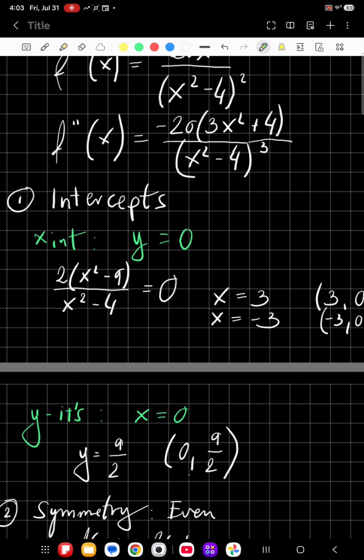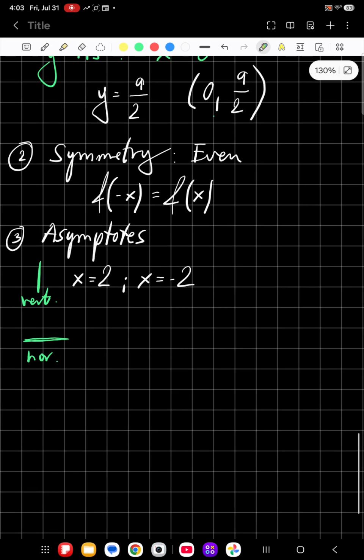When that happens, we ignore the numbers that are being added or subtracted. The only thing we care about is the leading coefficients of the top polynomial and the bottom. Leading coefficient of the top is 2, the bottom 1, so we have 2 over 1. So that horizontal asymptote will be y equals 2. Okay, so we have the asymptotes.